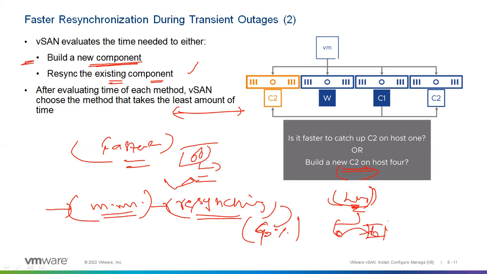But if, as per VMware's vSAN mathematical calculation, my delta is too heavy compared to the original component, it is better to rebuild. It all matters on the time. But definitely I would say resync is going to take less time than building the new component.